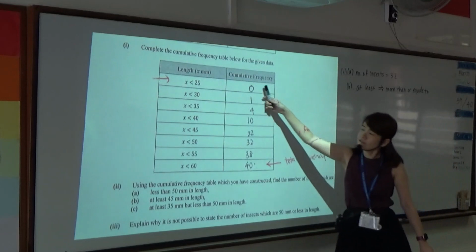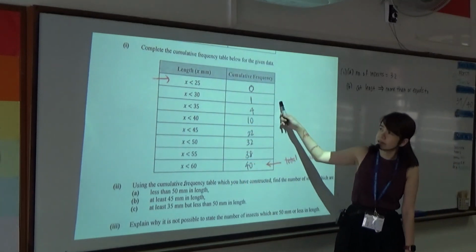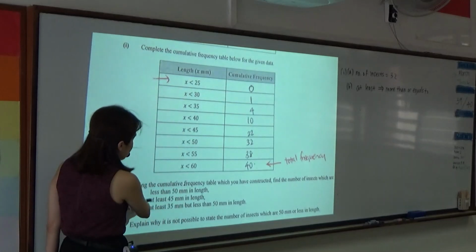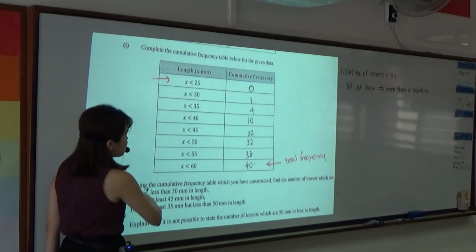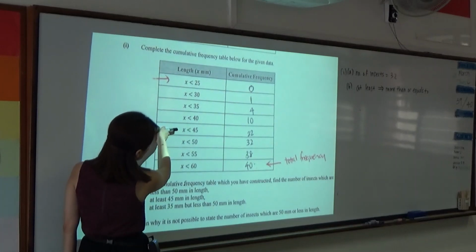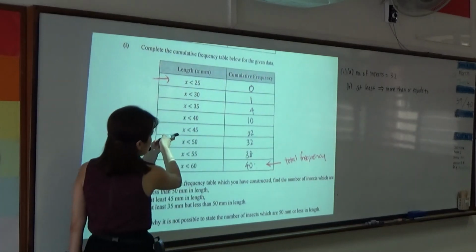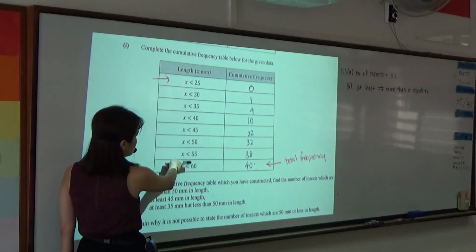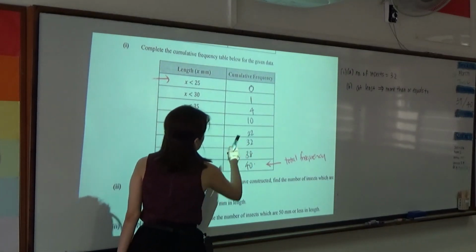Your cumulative frequency table over here is for lengths that are strictly less than. In order for us to find more than or equals to 45 millimeters, we look at this row over here, which says x less than 45. But to find more than or equals to, we take 40 minus 22.